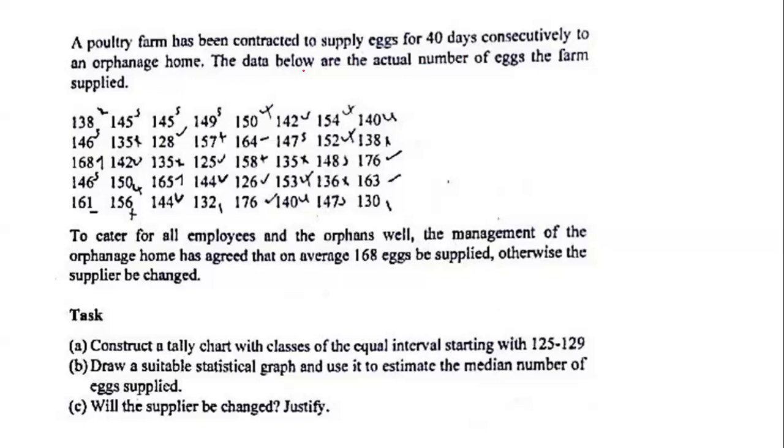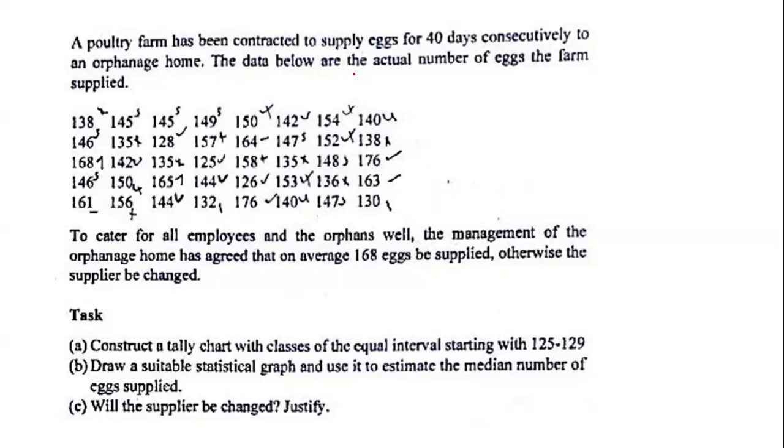The data below are the eggs the farm supplied. So which word are we going to use for frequency? Number of days. Number of eggs.